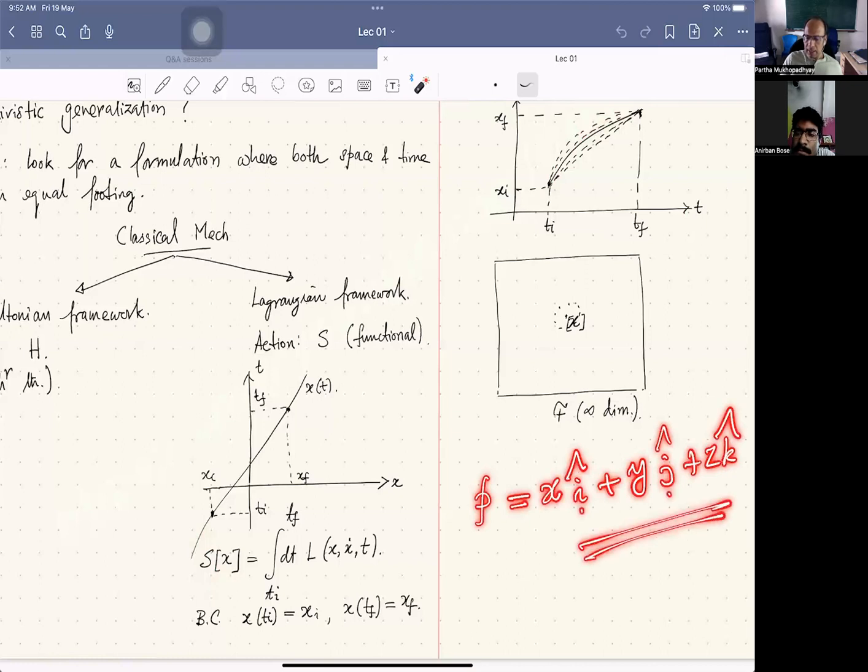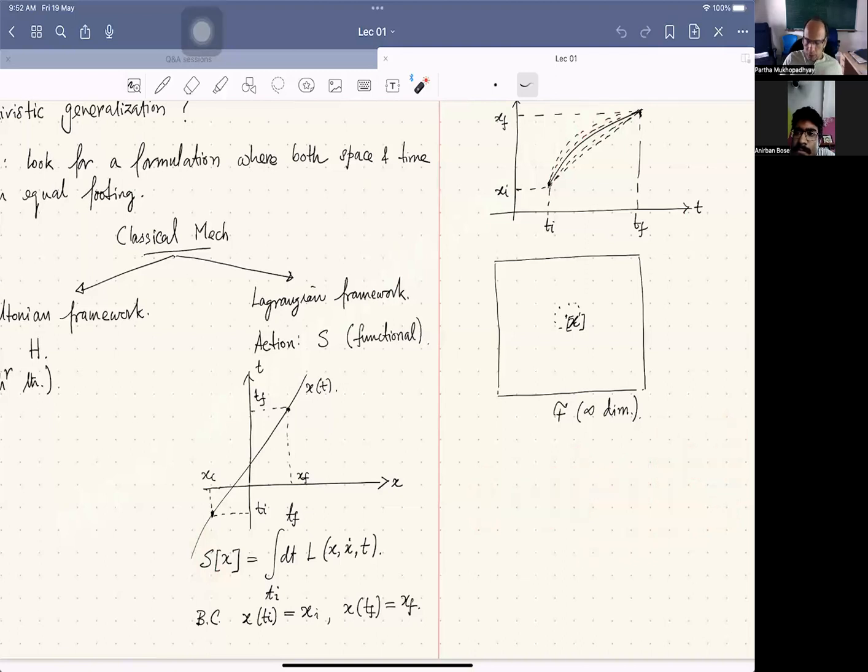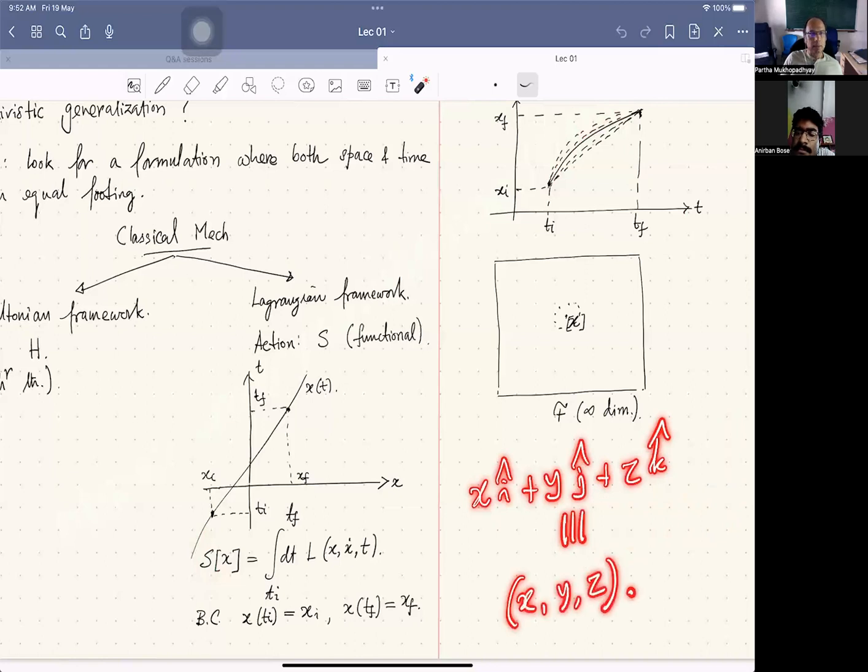These i hat, j hat, k hat are unit vectors. x tells you how far you have to go in that direction, y is how far you have to go in the next. So this basically is equivalent to giving the coordinates x, y, z of that point. So the coordinates of a point is basically n number of real numbers, n being the dimension of the space.